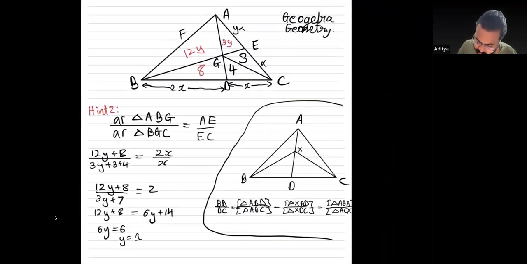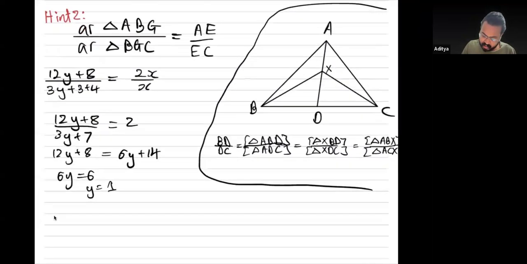You can also see it from here that this is 12y and this is 3y plus 3. They are also double of each other, and then this gives us y equal to 1, and the area of the entire triangle becomes 30.